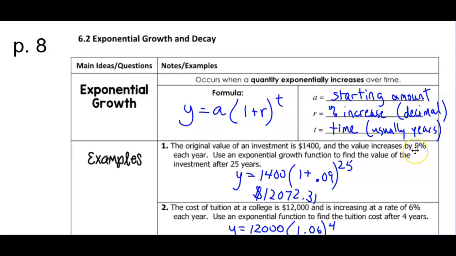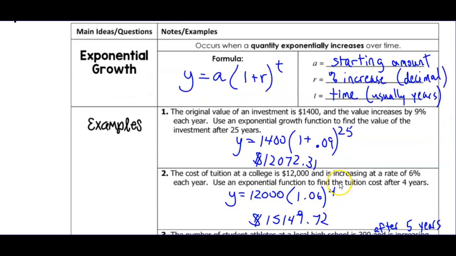Remember, single-digit percents end up as 0.0 something. Once that's inserted where the R goes, you put your amount of time in the exponent, then get the calculator out and type this exact thing just as you see it. You don't have to do anything in between. If you want to, you can combine the 1 plus, like I did here in number 2, but you can write it just as the formula shows you on the calculator and get your result.